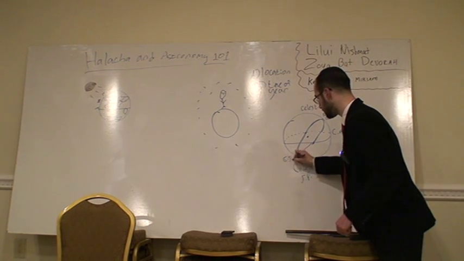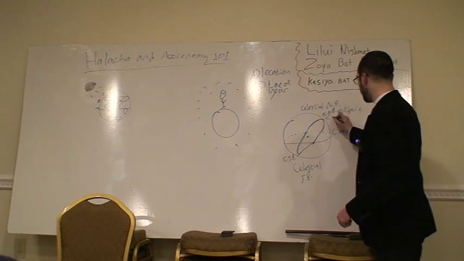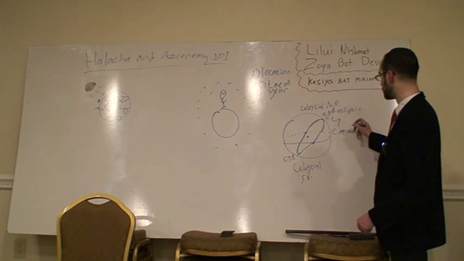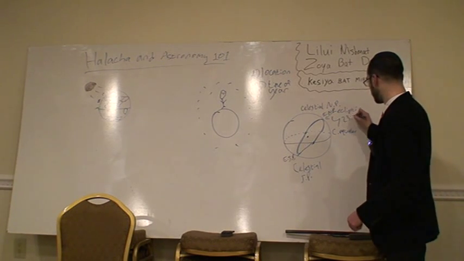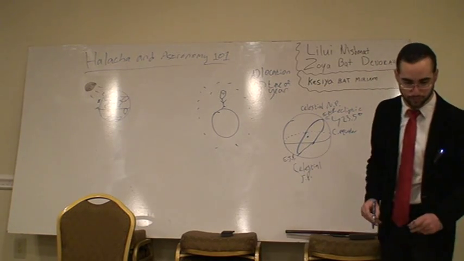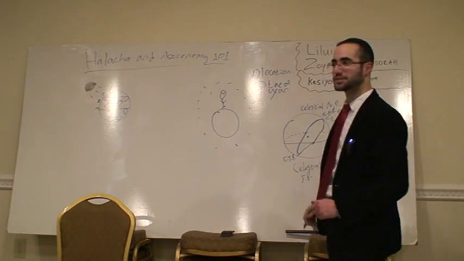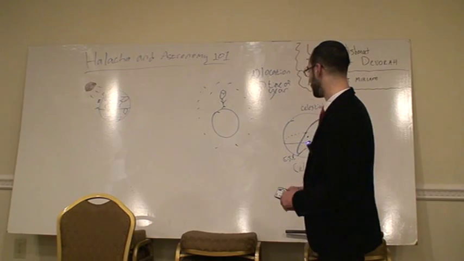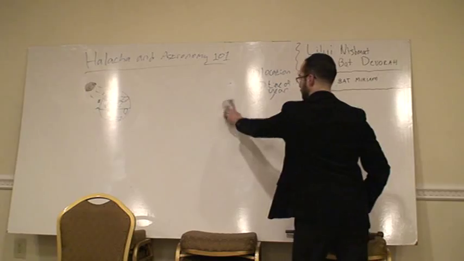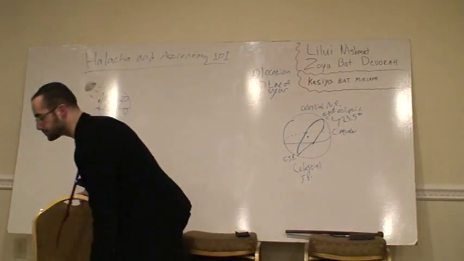This would be the ecliptic South Pole. And over here we have the distance between the ecliptic and the celestial equator, 23.5 degrees. Now we're going to have to see exactly how this works. Chart over here as well.